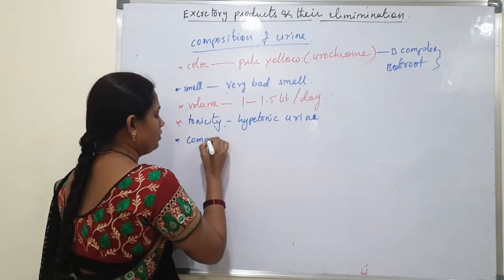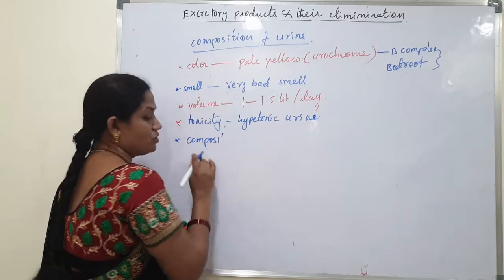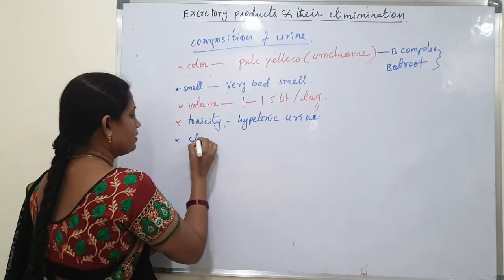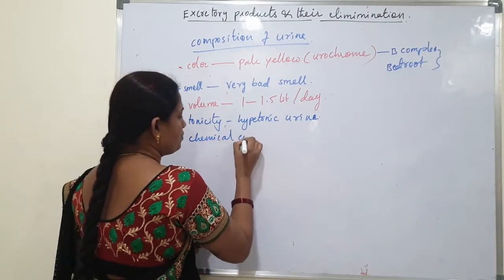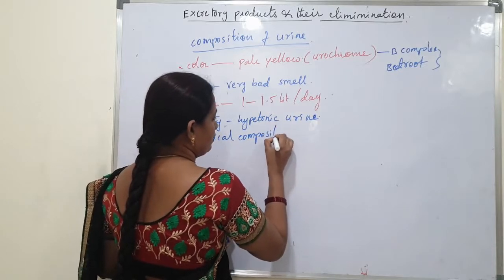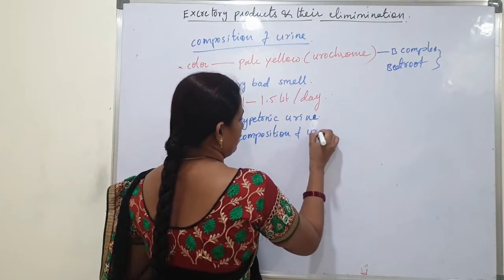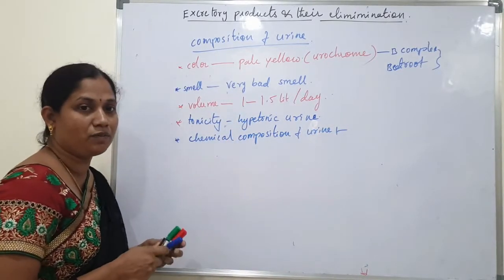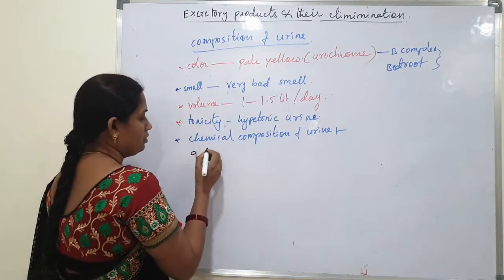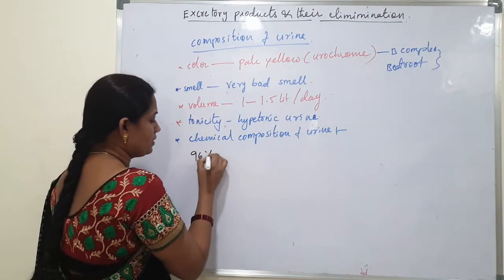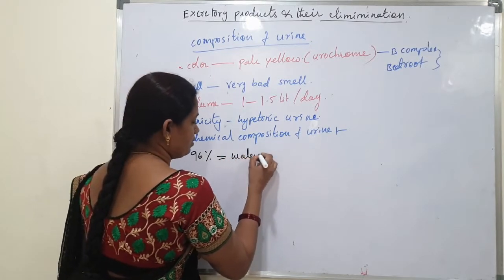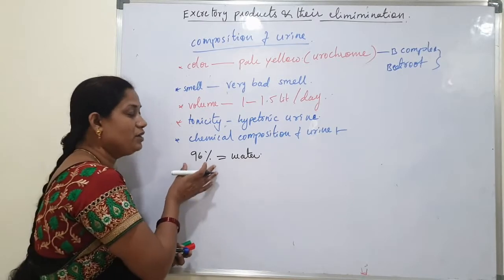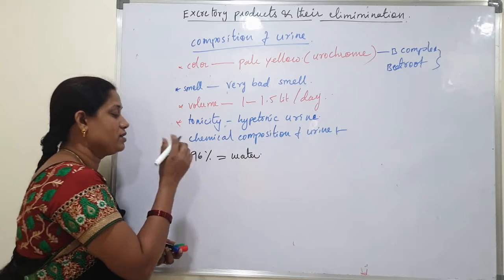Next, the chemical composition of urine. In the urine, 96% water is present. Already the maximum amount of water is reabsorbed, but still the urine contains 96% water.